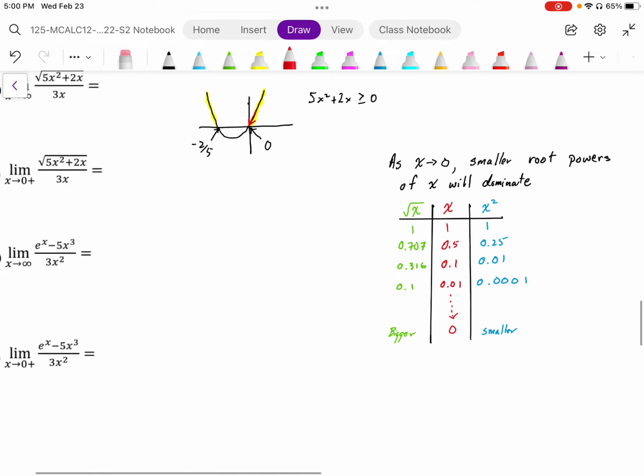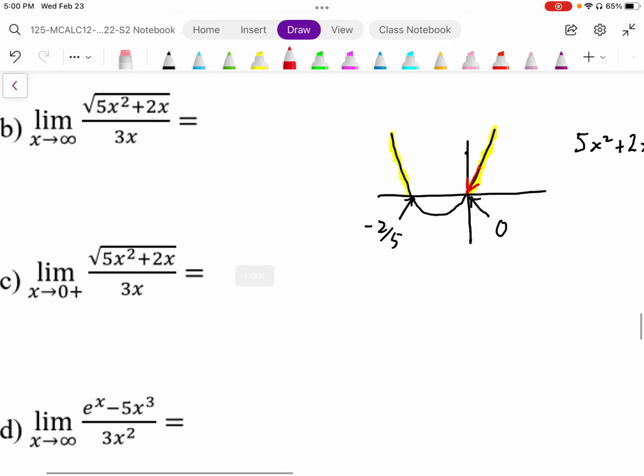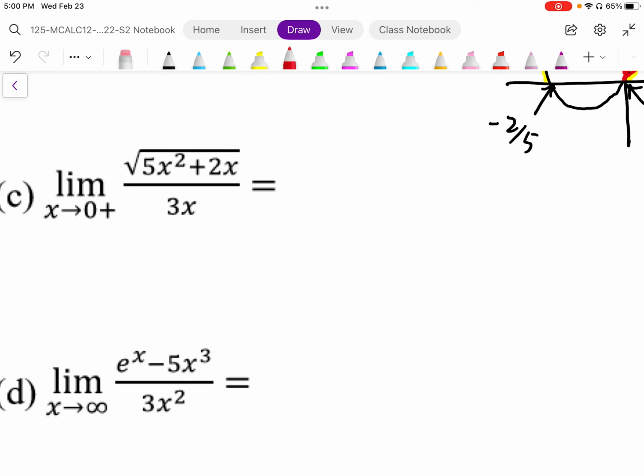Based on that, as we get close to 0, we need to use the opposite argument from the one we used before. The 5x squared is essentially insignificant compared to the more dominant term of 2x. So we get a larger 2x dominating, and we end up with that large number over the x, which is a smaller number.